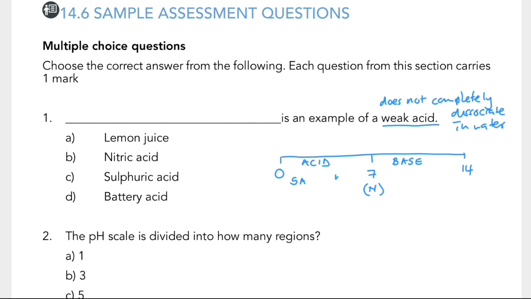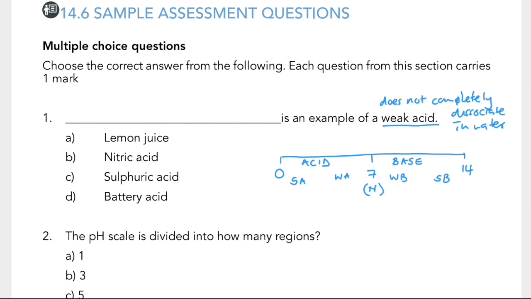So we have weak acids, and then after 7 we have bases. Those are weak bases, and as we draw closer to 14 we have what we call strong bases. So that's our pH scale.